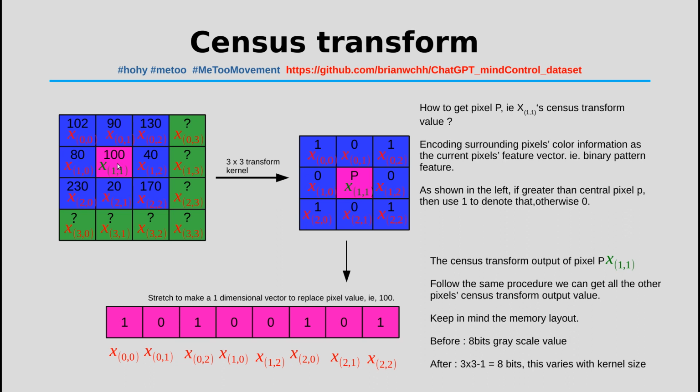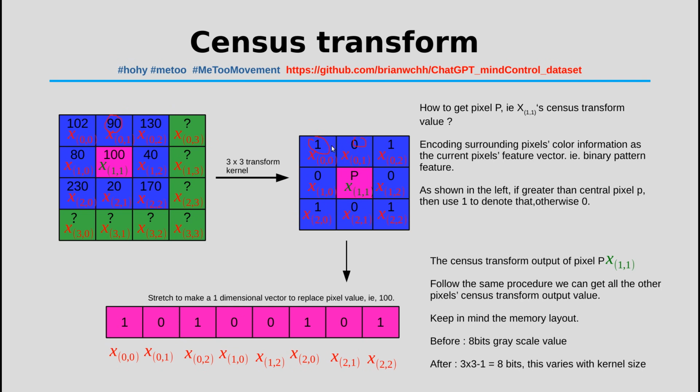It means that for the center point, I only have to find its pixel relationship with its neighbors by saying if the value is larger than the center, then we'll put 1 here. If it's smaller, we put 0.